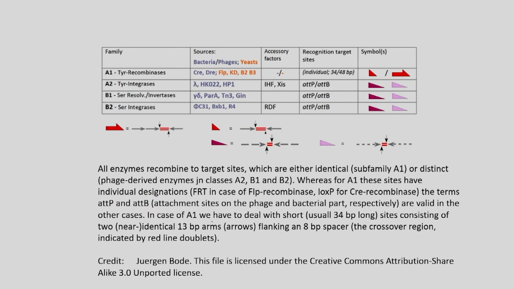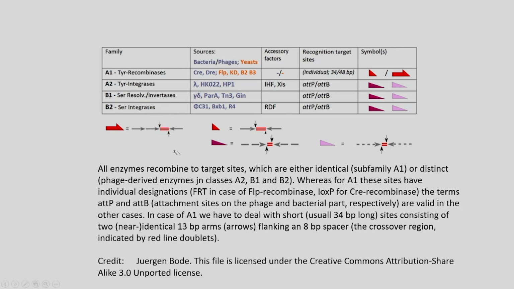In case of Cre, we have to deal with short, usually 34 base pair long sites consisting of two near identical 13 base pair arms flanking an 8 base pair spacer, the crossover region indicated by red line doublets over here.